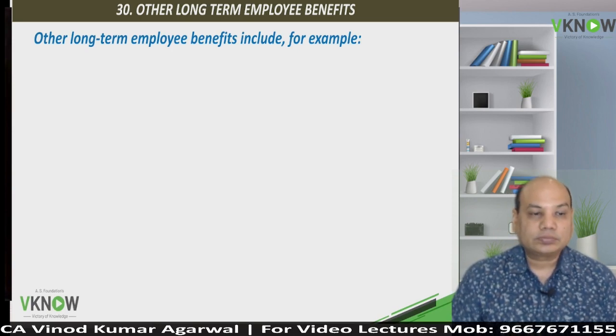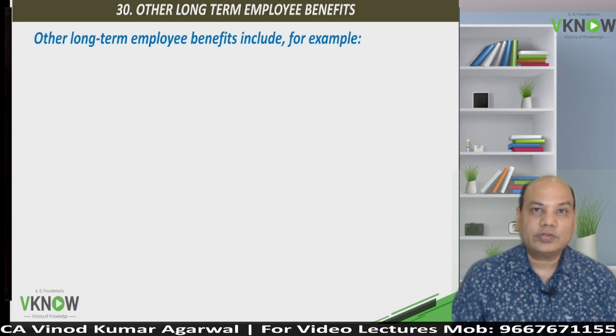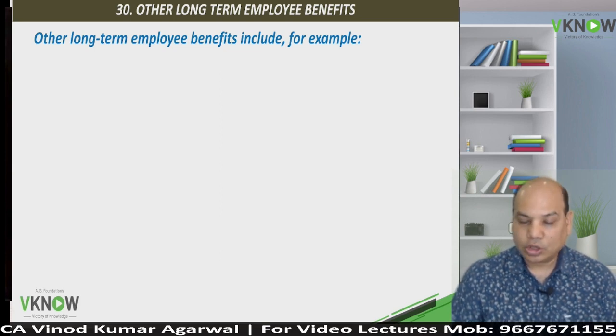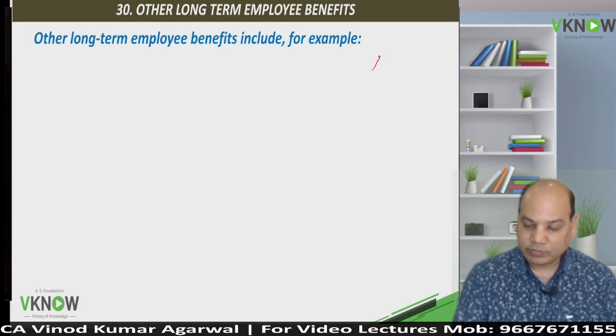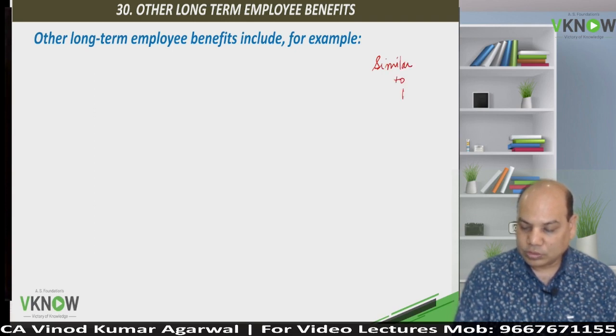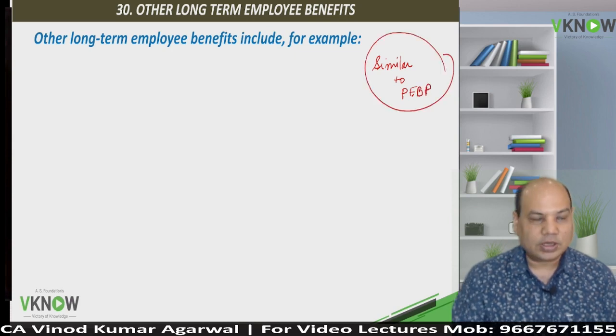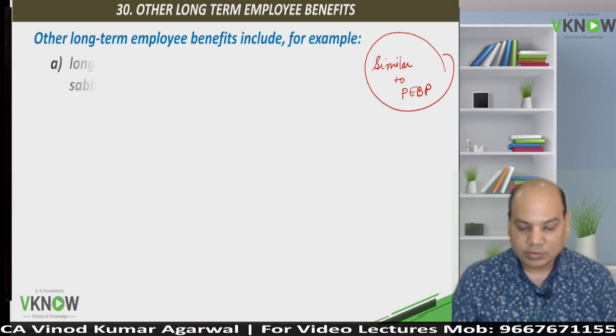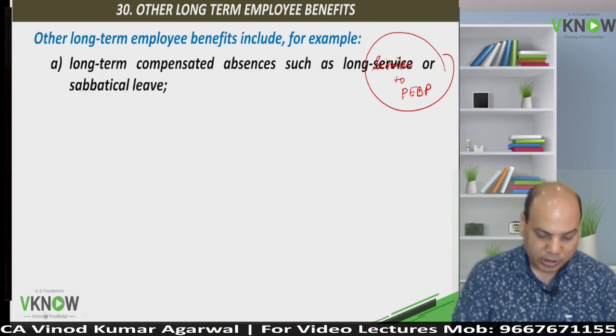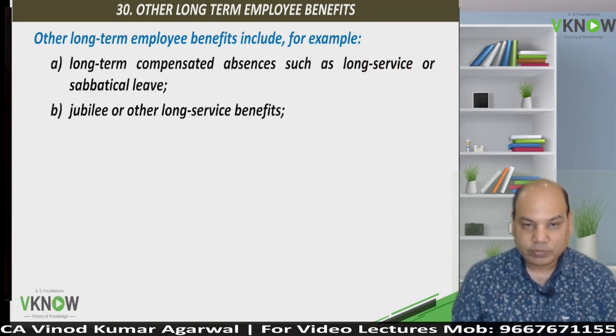Okay. Now my next topic is other long-term employee benefit plan. You write down, similar to post-employment benefit plan, what we discussed in the last two lectures, accounting for long-term employee benefit plan is also the same.